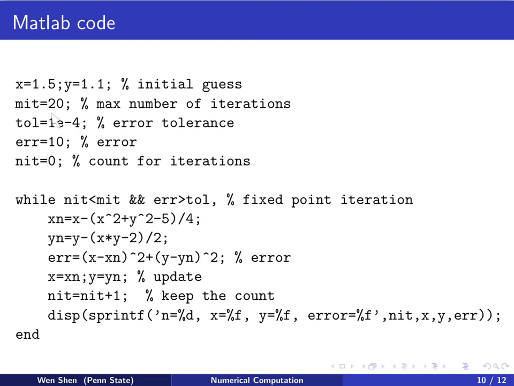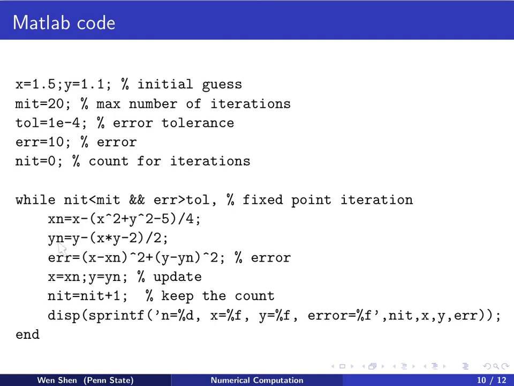Max number of iterations 20, tolerance 10 to the negative 4, initial error set to be 1. This is the count for the iterations. Then we go into a while loop, and as long as the number of iterations is less than the max and the error is still too big, we do the following.